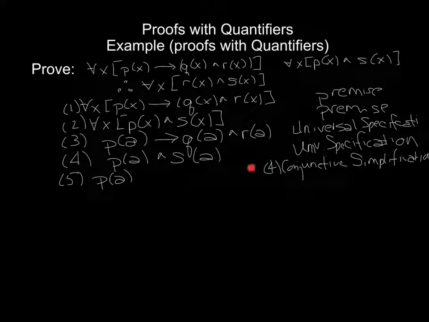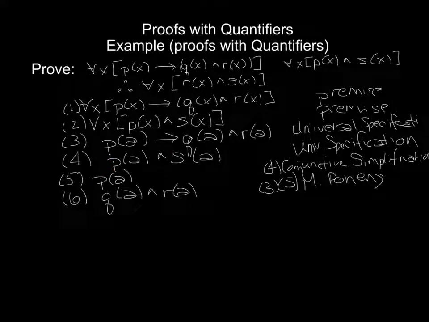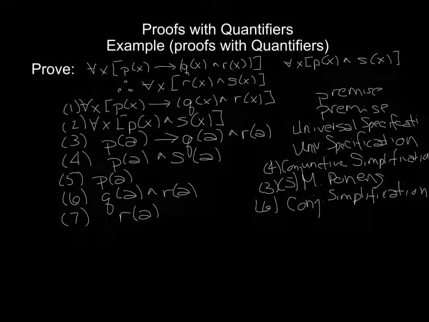Now using the rule of conjunctive simplification, I can take this and I can just take off the p of a. Using modus ponens, I can use step 3 and step 5 and conclude q of a and r of a. Again, using the rule of conjunctive simplification, I can take just the r of a from step 6.